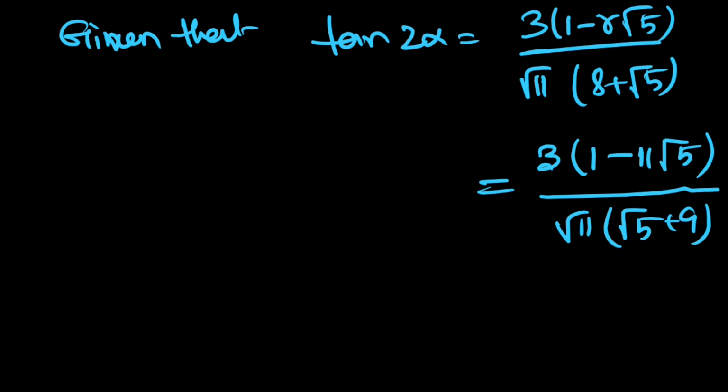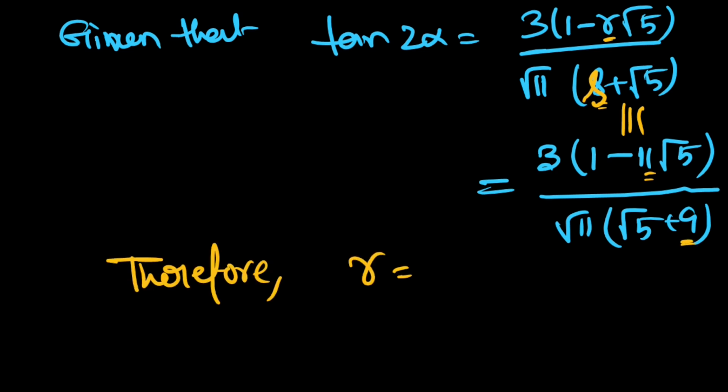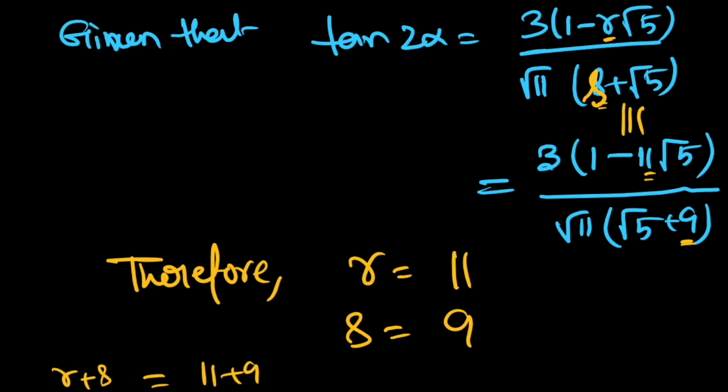Now compare these two terms, these are identical, so 3 and 3 root under 11 are in the same position. Only compare: r is equal to 11 and s is equal to 9. Therefore r is 11, s is 9. In the question it is asked what is the value of r plus s, that is 11 plus 9, that is actually 20. This is the answer.